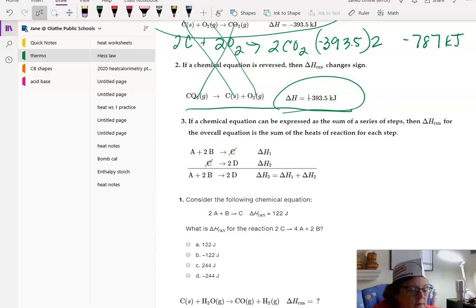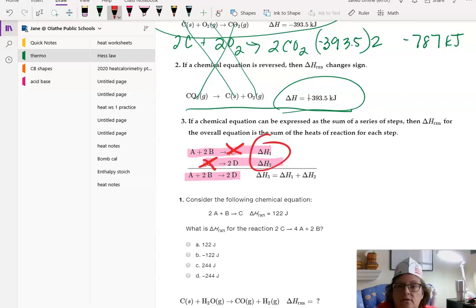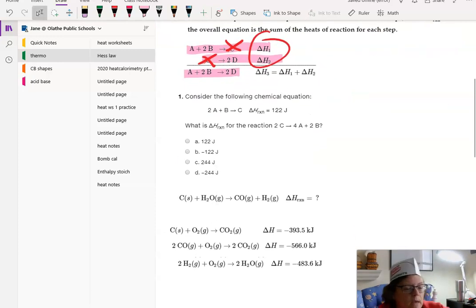For instance, if we have reaction A plus 2B gives you C, and it has an enthalpy associated with it, and we also know that C will give you 2D. If we want to know the reaction for A plus 2B gives us 2D, you'll notice that the C's cancel each other out, and we can just add those together. Now, this will make much more sense once I do one.